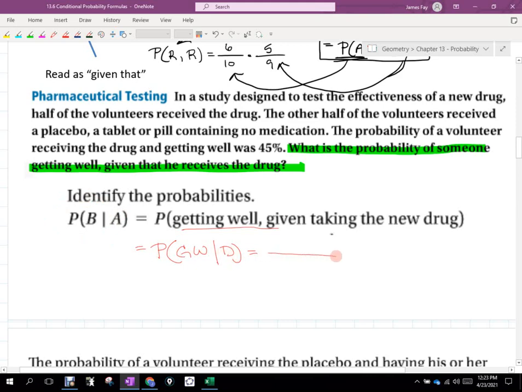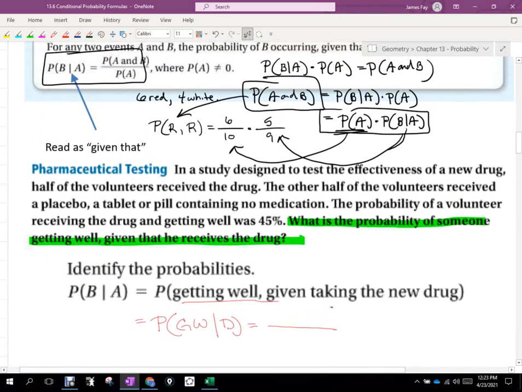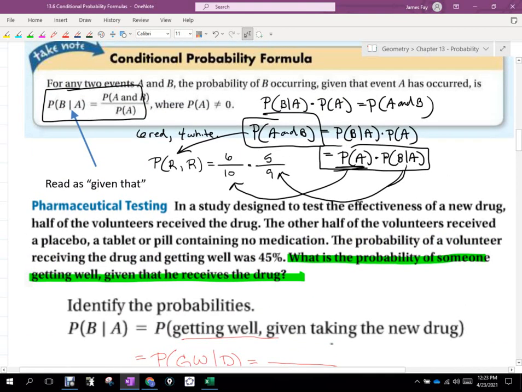Well, going back to what we said earlier about what a given that statement is, there's a pattern to the formula. The way I remember the pattern is that you take the two things that are in your given that statement, and you put the word "and" between them, and they become your numerator. The denominator is the last thing that was over here in the probability event.